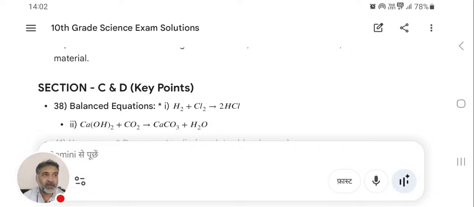Producer, primary consumer, secondary consumer. First trophic level is producer, third is secondary consumer.